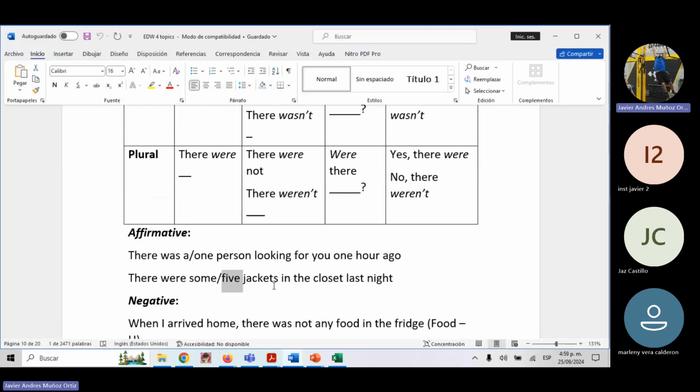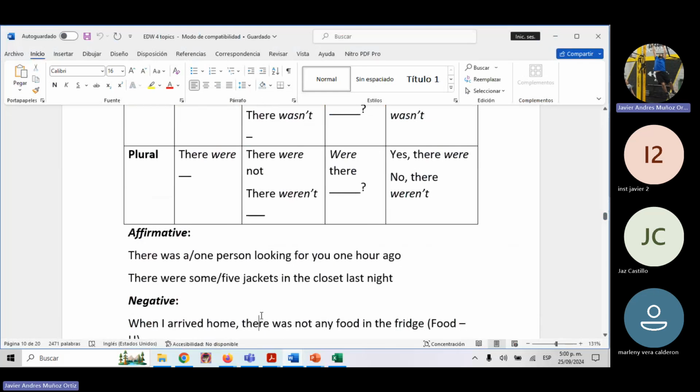We don't need to know the amount. If we use some: there were some jackets. How many? I don't know. Is the number important? No, it's not important. But everything is in plural. There were jackets and the article or the number.